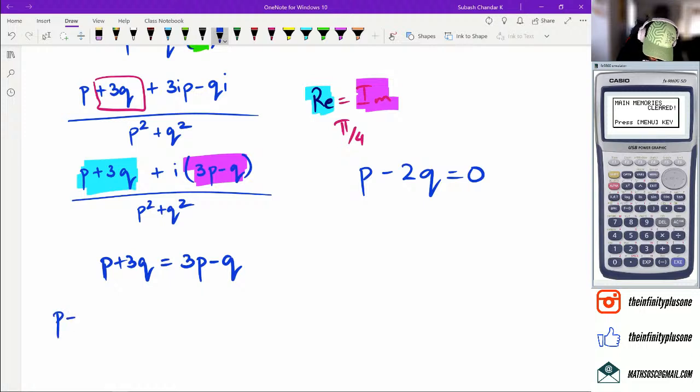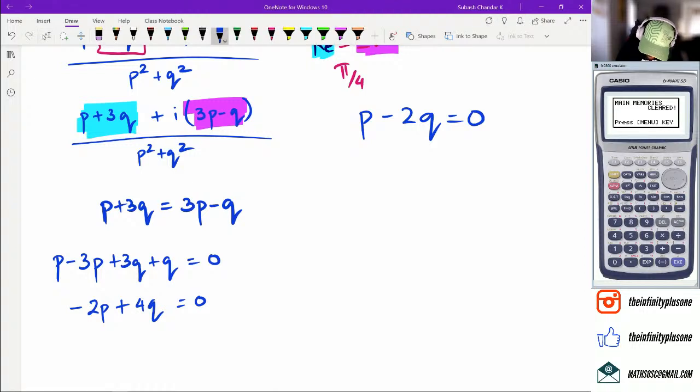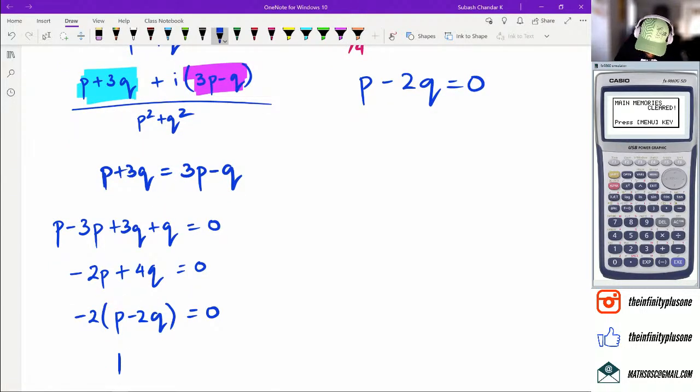Rearrange this and you're going to get p minus 3p plus 3q plus q equals 0. You get negative 2p plus 4q equals 0. Take out the common factor of negative 2, and you get p minus 2q equals 0. Get rid of the negative 2 to the other side, which means you get p minus 2q equals 0.